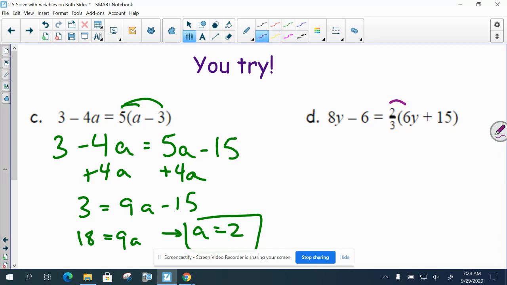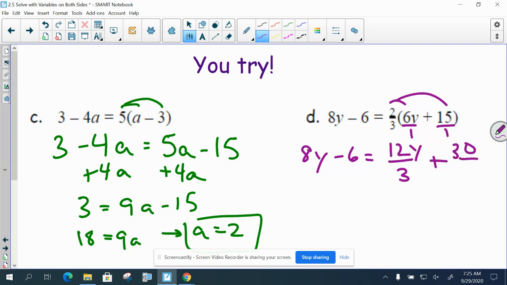And then this one, we're going to distribute the 2/3. So what I like to do is whenever I multiply by a fraction that doesn't go in totally evenly, I like to put the whole numbers over 1. So we have 8y minus 6 equals, so this would be 12y over 3, and then plus 30 over 3, and then we will simplify the fractions, because 12 over 3 would be 4y, and 30 over 3 would be 10.